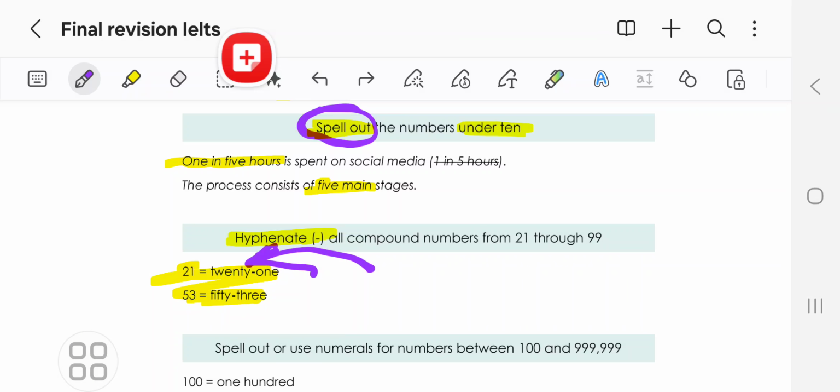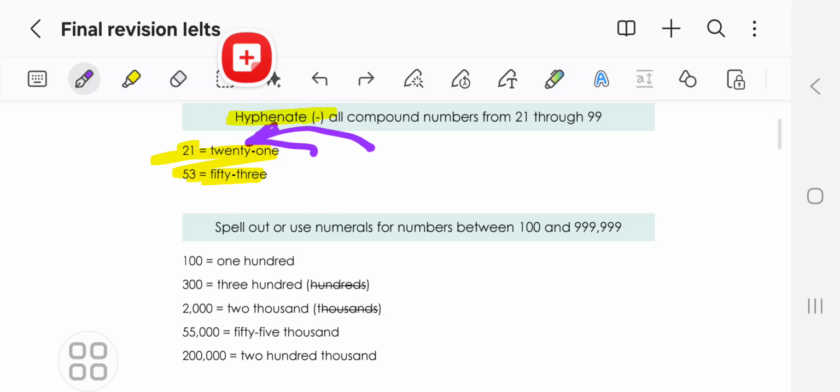That's just important. And then after that, spell out the numbers between 100 and so on. For example, if it is 100, you can say one hundred, three hundred, two hundred thousand. So if there is 200,000, spell out those numbers. If there's 55, hyphenate it with spelling out the number. That is very, very important.